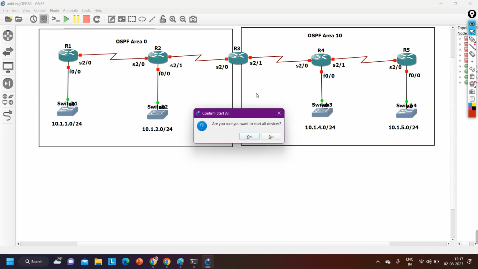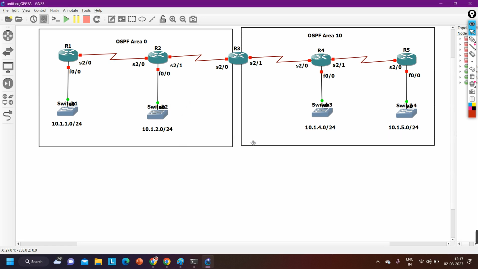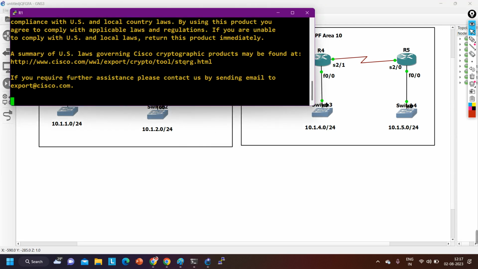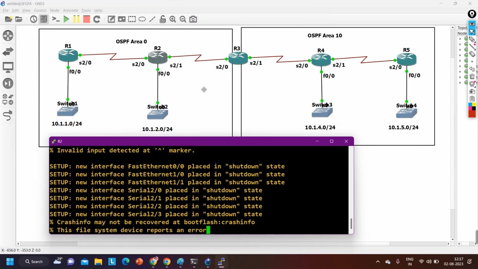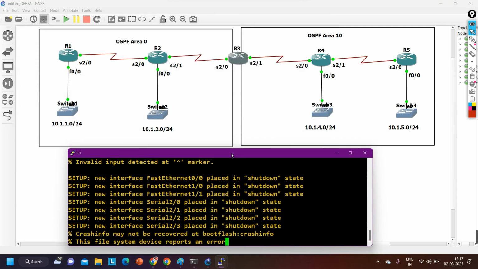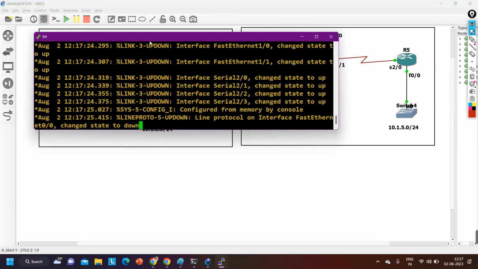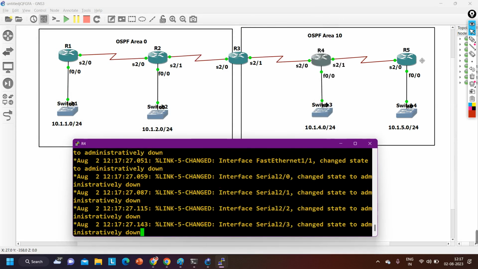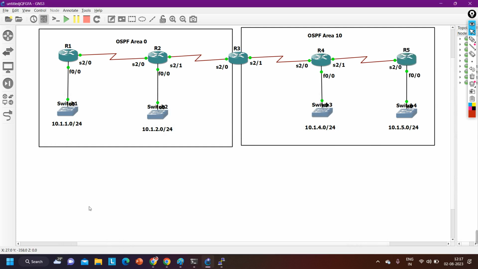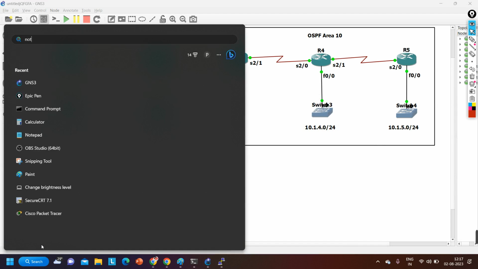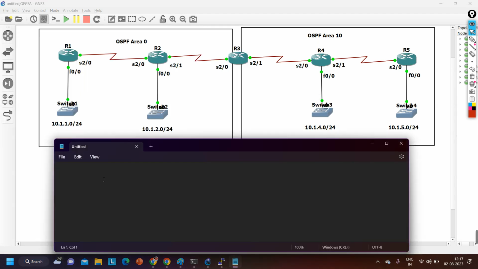Okay, now I am going to turn on the devices and configure the IP first. R1, R2, R3, R4, R5. I'm going to write down the commands in Notepad and directly paste them here so that I can configure quickly.